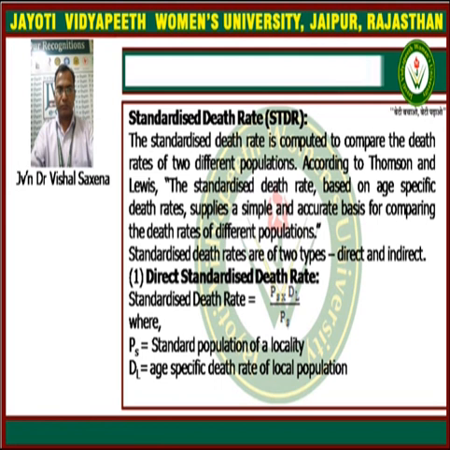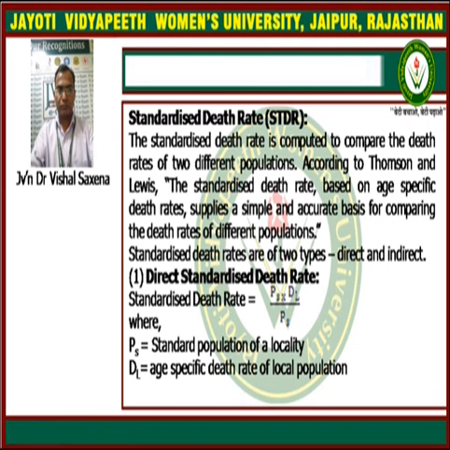According to Thomson and Lewis, who explained this concept, the standardized death rate based on the age specific death rates supplies a simple and accurate basis for comparing the death rates of different populations.